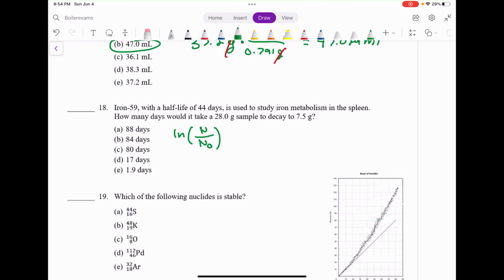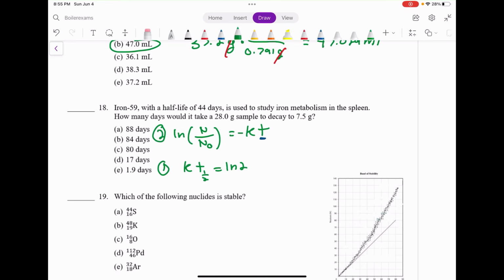N naught, or N0, is the grams we have initially, is equal to negative k. k is the rate constant, which we're going to have to calculate, times the amount of time it's going for. And they want how many days. So this t, I already know, is actually what we're going to be solving for. And then we have the other equation, which is the rate constant, k, times the half-life equals the natural log of 2.